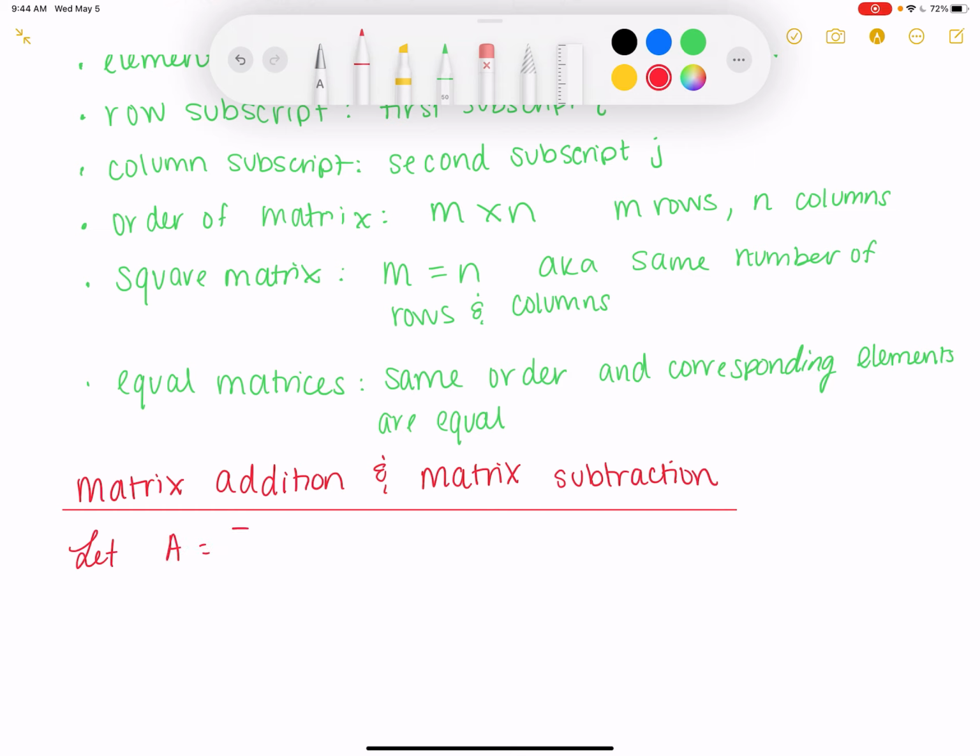Let A equal the matrix A sub ij, and B equal the matrix B sub ij. When we refer to a matrix just by a letter, we always use capital letters, or you can write it in this matrix notation with the brackets on it.